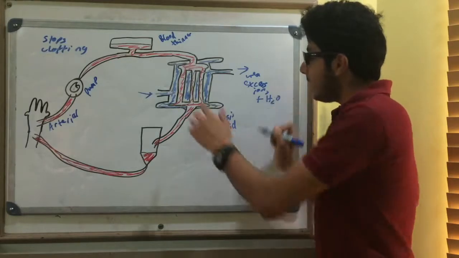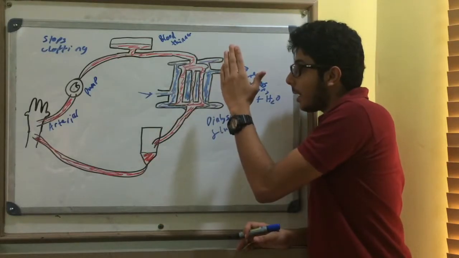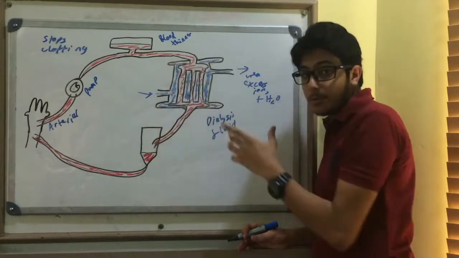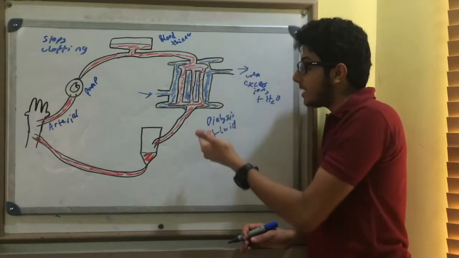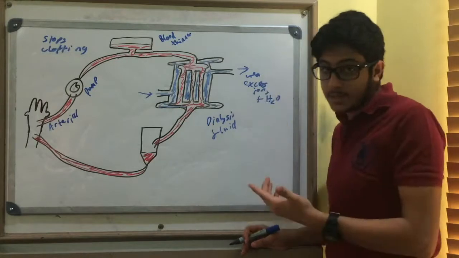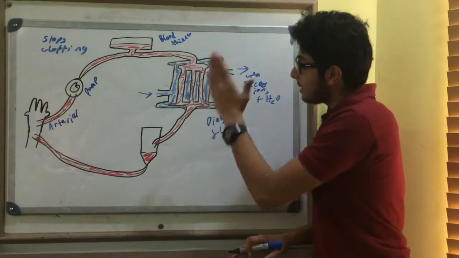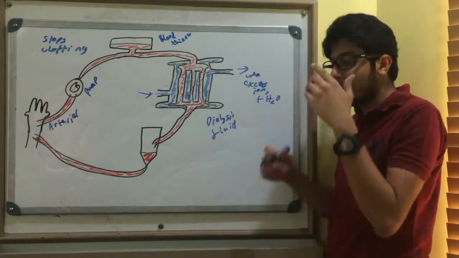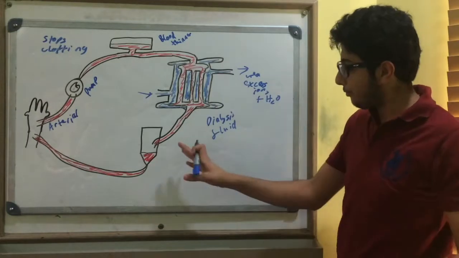Because what happens here is basically this thing is what mimics the process of the kidney. The waste substances and the excess substances are passed from the blood into the dialysis fluid, which we will look at more in detail later.